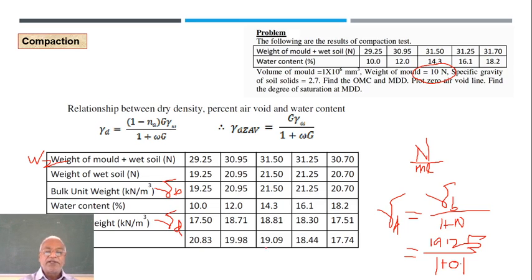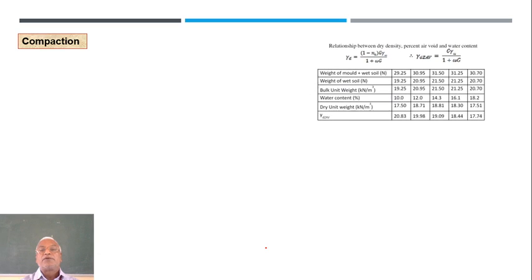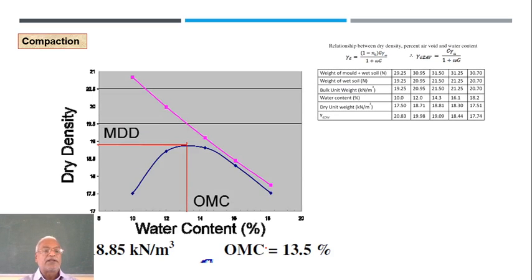ZAV line we'll see in the later stage. We'll plot the curve. So if you plot the curve, it will be something like this. Now water content, you have seen it is 10, 12, 14, 16, 18.2. Corresponding values of gamma D have increased and then dropped down.